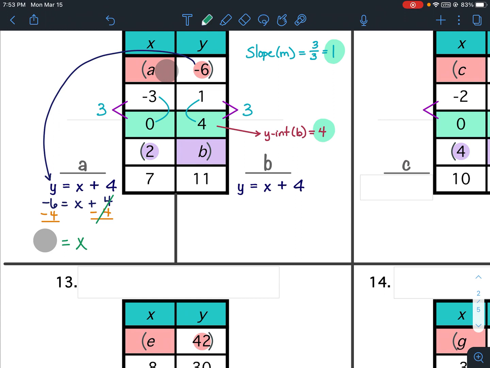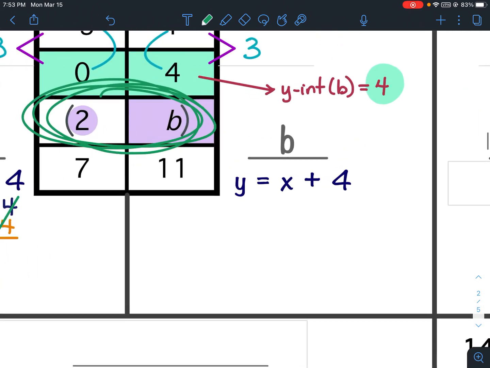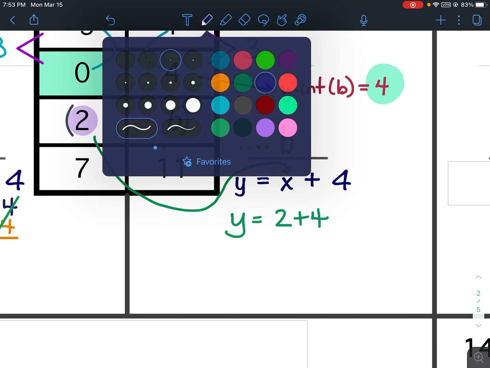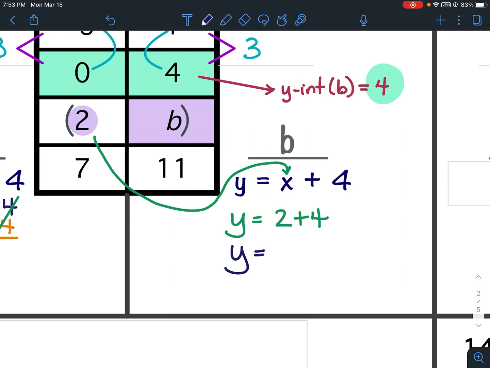All right, for B, the information I need to know for B is right here. B is the y-coordinate. Its corresponding x-coordinate is 2. So I'm going to take that 2 and plug it in for the x. And go ahead and put that in your calculator if you need to. Find that answer.